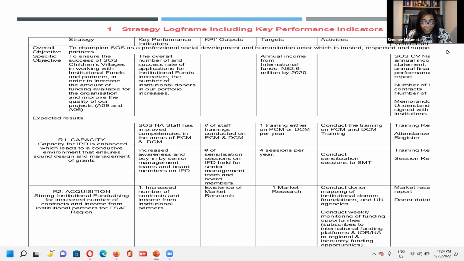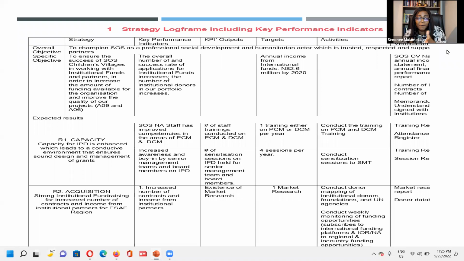And then at the bottom, under acquisition, you've got increased number of contracts and income from institutional partners. Contracts means we've signed an agreement with UNICEF, we've signed an agreement with USAID. So this is just key performance indicators, but this of course is a national, high-level program that it's referring to. And then you have your key performance indicators, outputs.